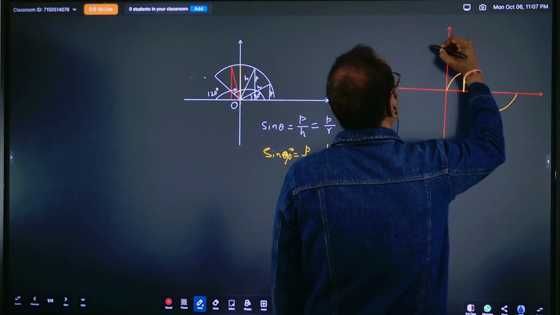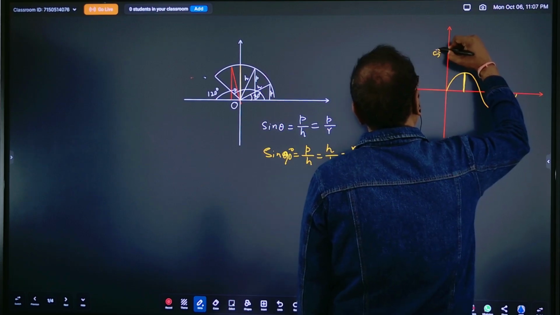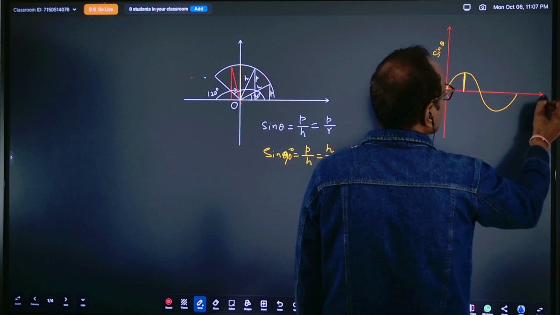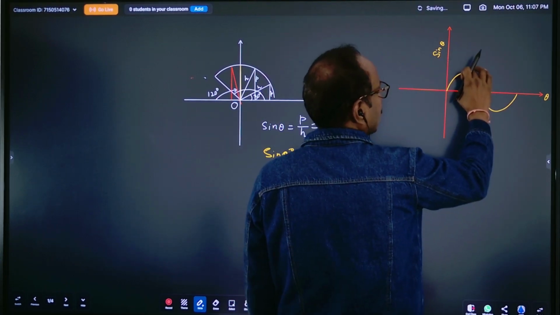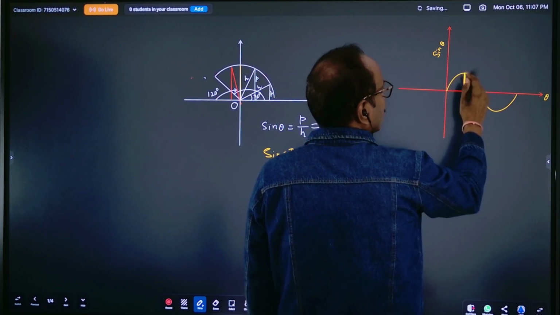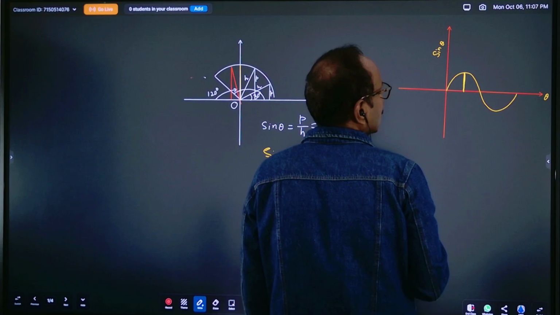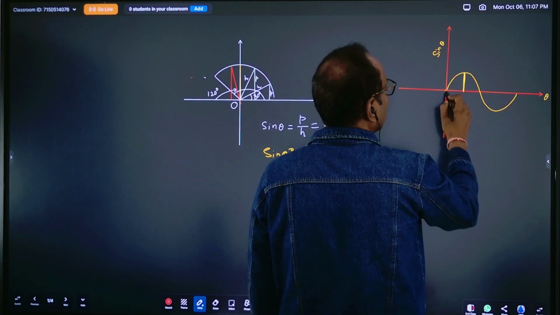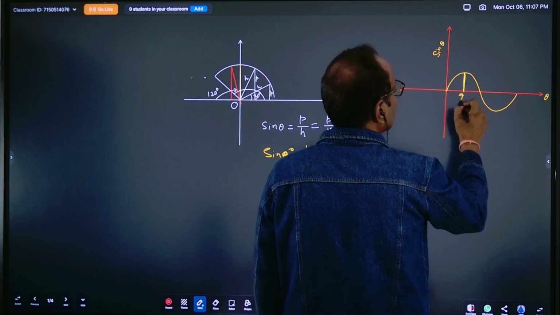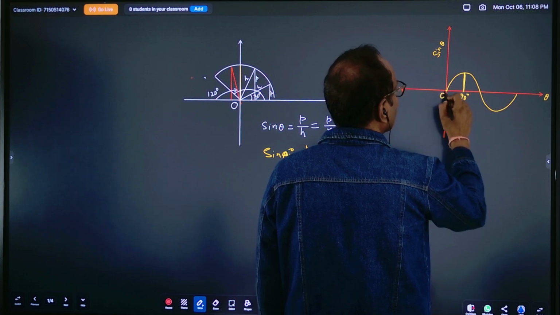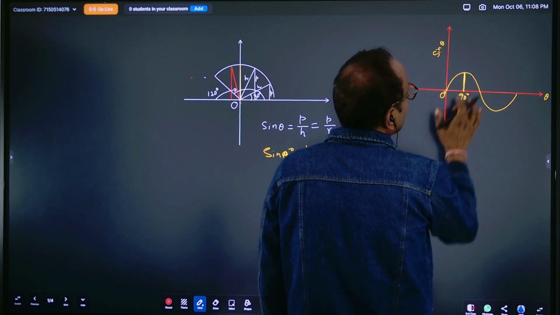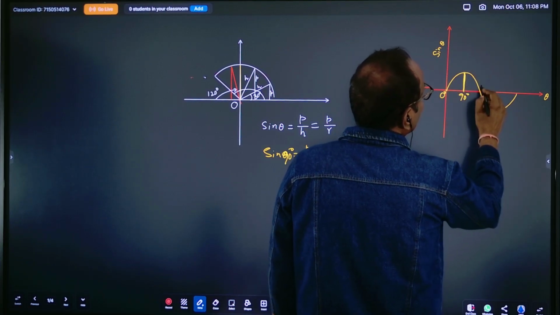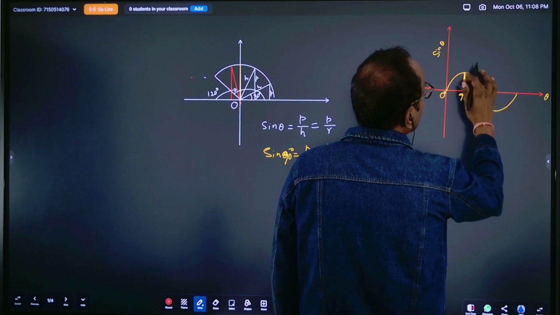This side is sin theta and this is your angle. So at this place, the value of sin theta is 1. So from 0 degree angle to this 90 degree angle, the sin theta increases. From 90 to 180 degree, it decreases.